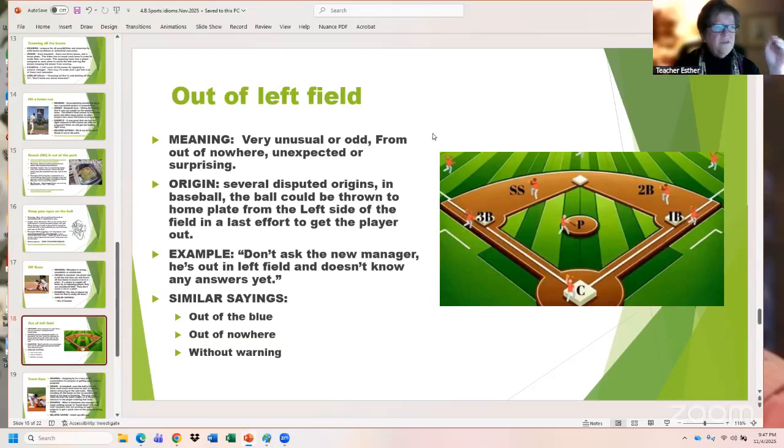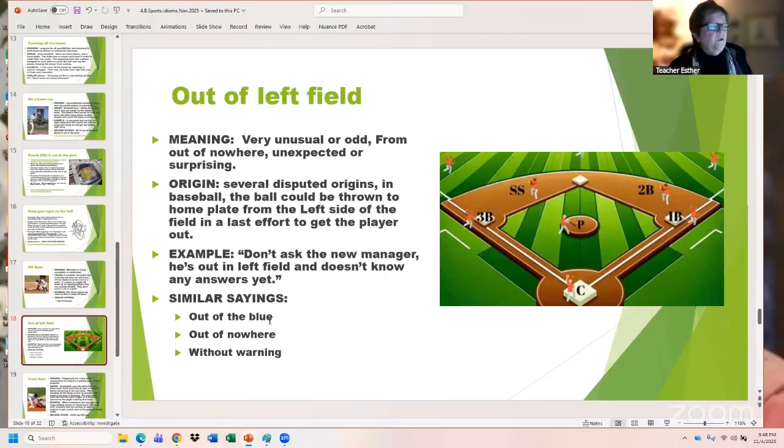And some of the things that they would hear coming from left field were cries and different things coming from the hospital. So those disorienting or confused cries came from left field. And it was kind of unusual. It was weird. And they came out of nowhere and it was unexpected.